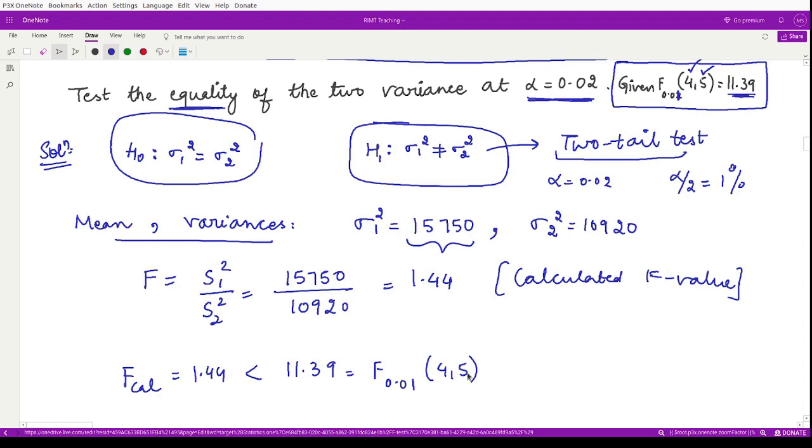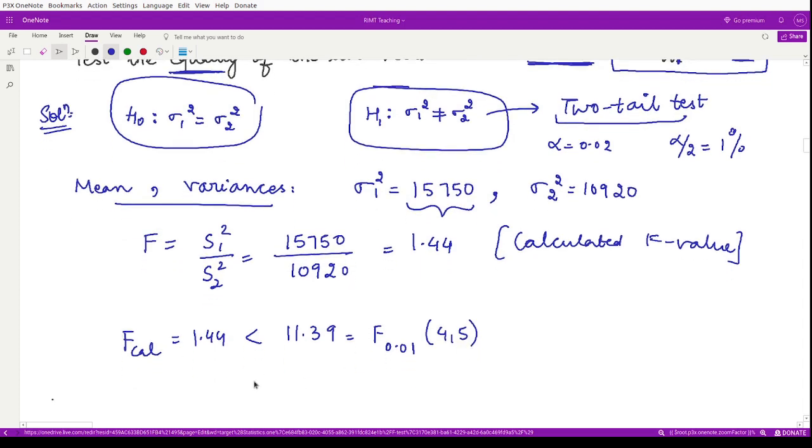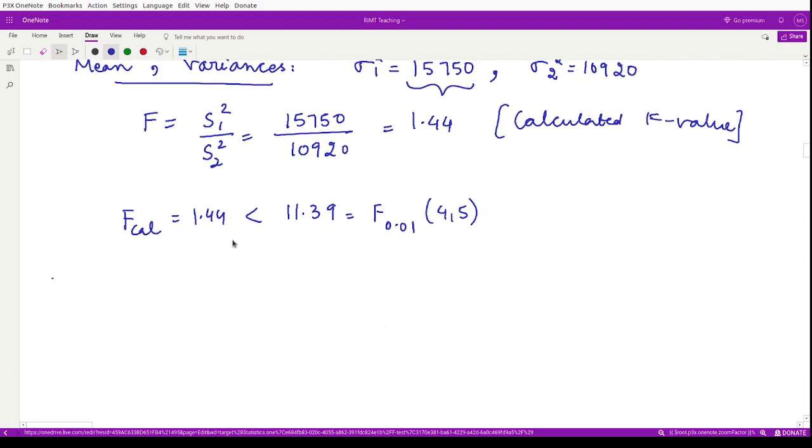Therefore we do not reject the null hypothesis, because according to the condition it should be greater than this. Your tabulated value is somewhere here, 11.39, and your value is 1.44.